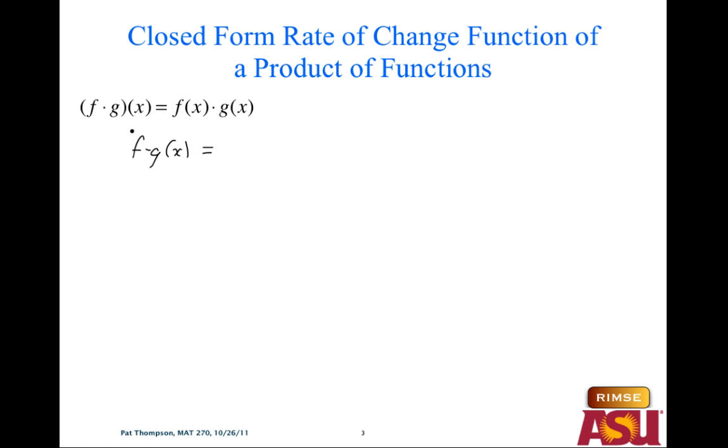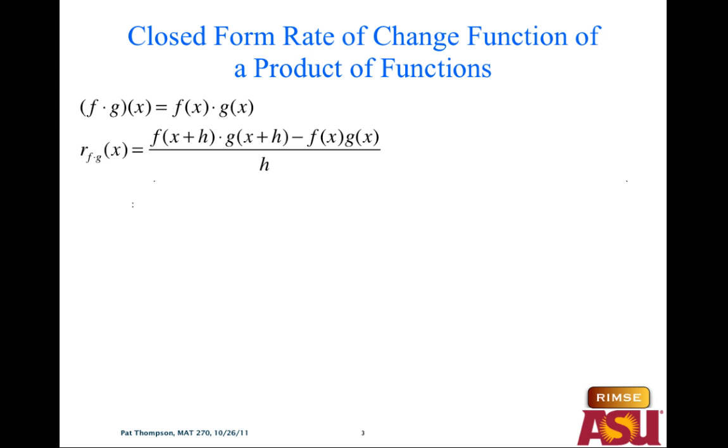So, yeah, keep going. Okay, right. So the trusted form would be f of x plus h times g of x plus h minus f of x g of x over h. Right? That's our change in y for our given function over a change in x of h.